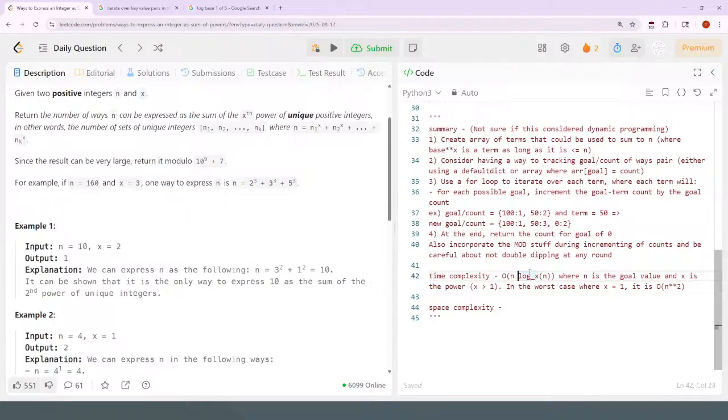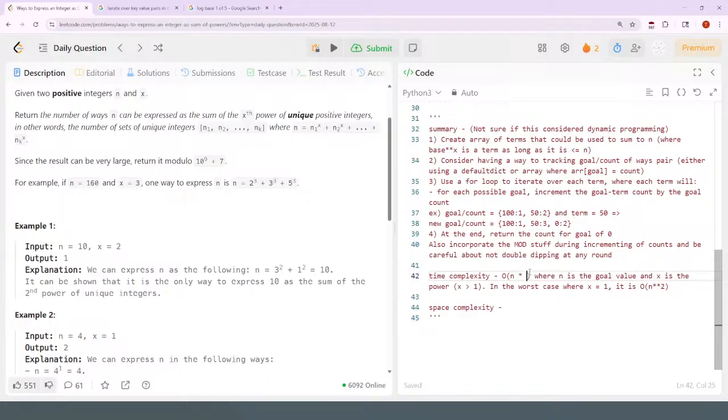Actually, oops, it's not log of x, it's n times n to the power of 1 over x, or the xth root of n. So if you do n to the first times n to the 1 over x, that ends up being n to the power of 1 plus 1 over x. Wow, it's really getting into the weeds.